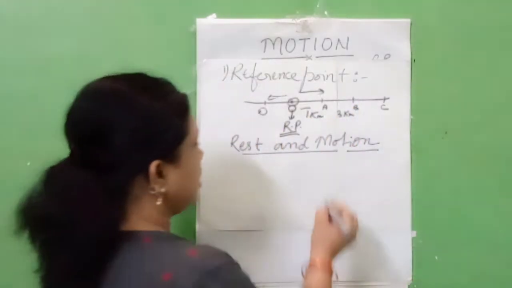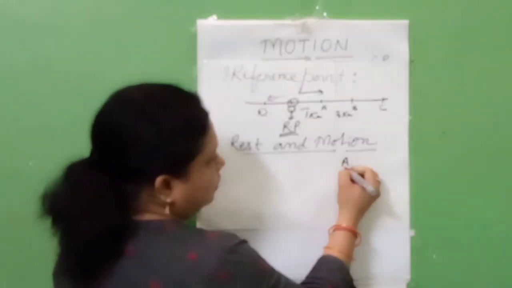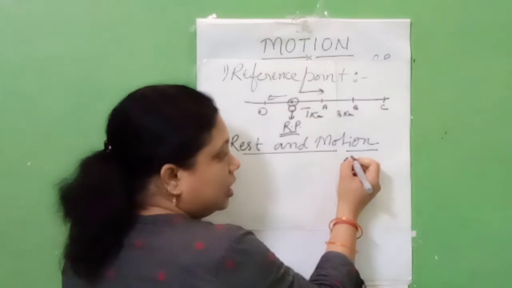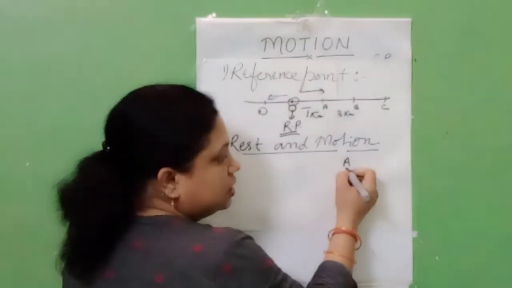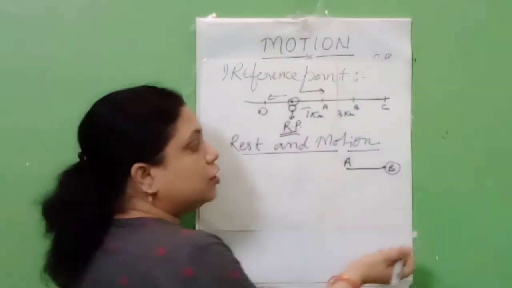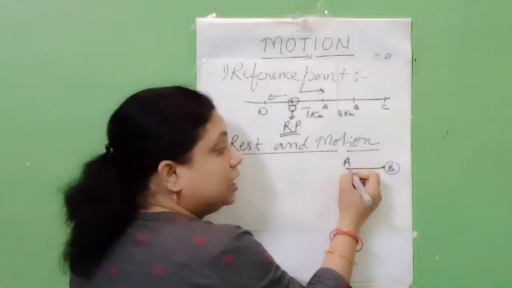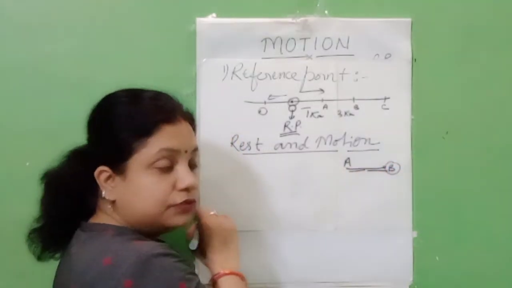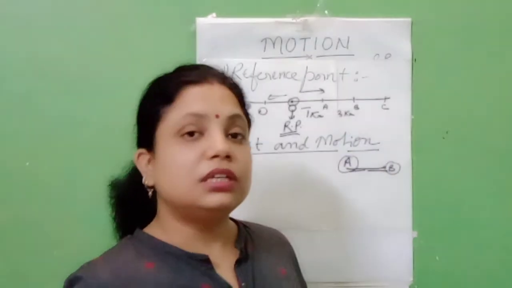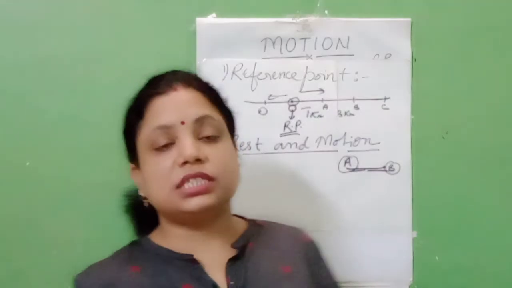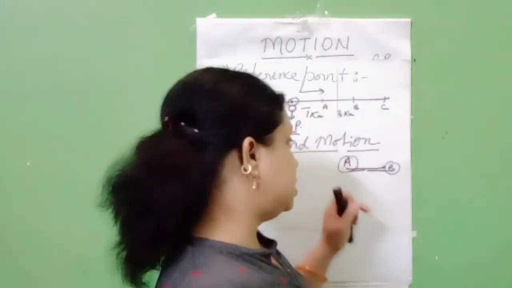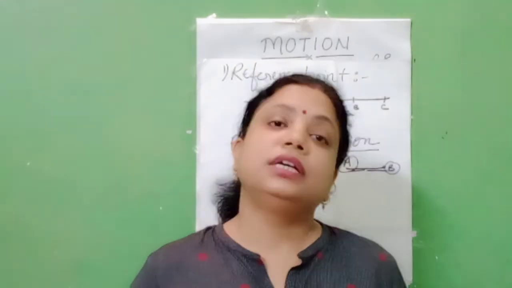Suppose the object is at A. Firstly it was in its initial position, and after some time it moves and reaches position B. So we can say the object is in motion because it has changed its position with respect to the reference point and also with respect to time. So motion means an object is said to be in motion if it changes its position with respect to time.